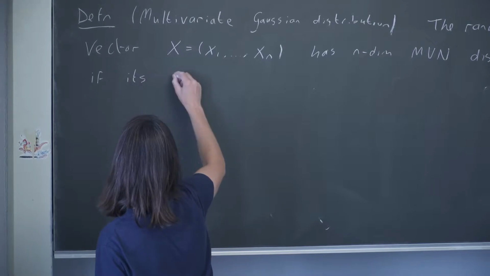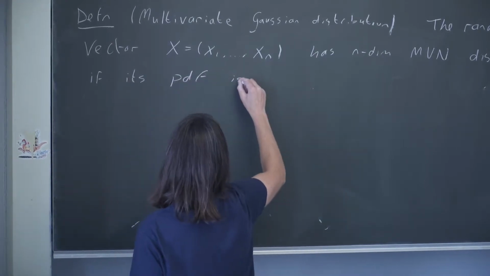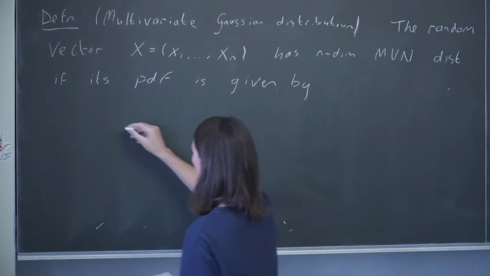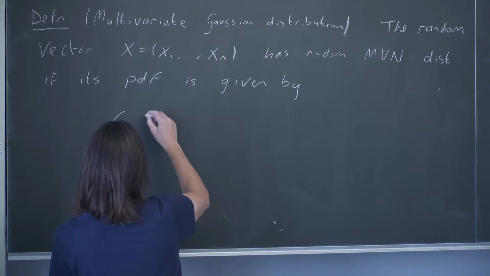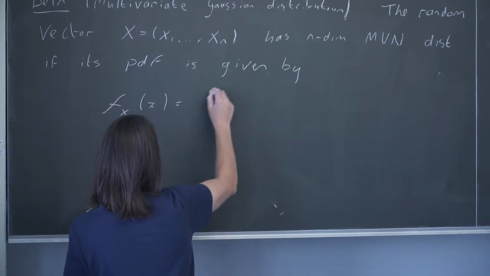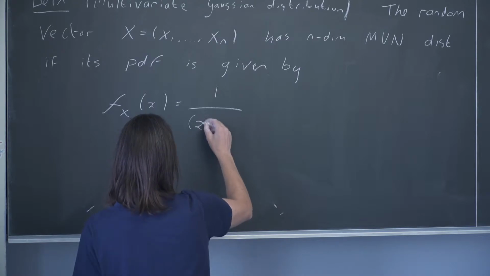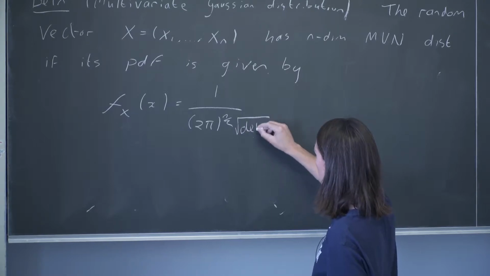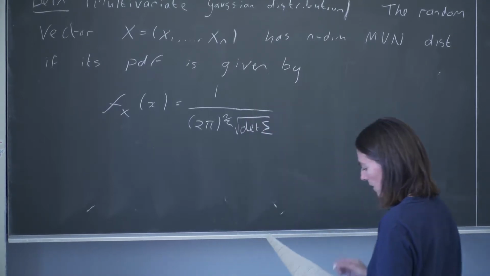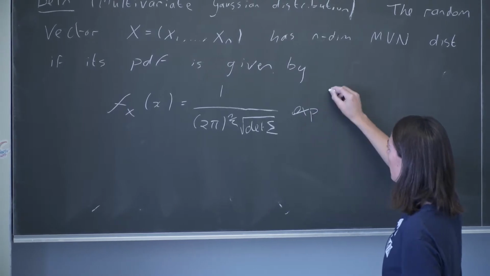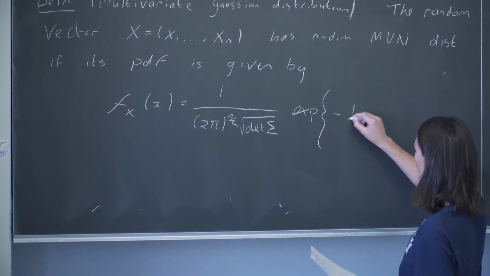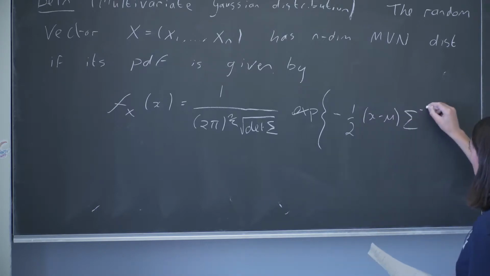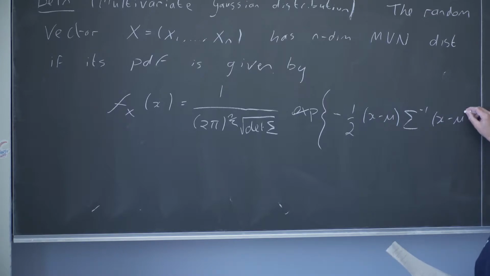if its probability density function is given by f_X(x) = 1 over (2 pi)^(n/2) times the square root of the determinant of sigma, times the exponential of minus 1/2 (x minus mu) sigma inverse (x minus mu) transpose.